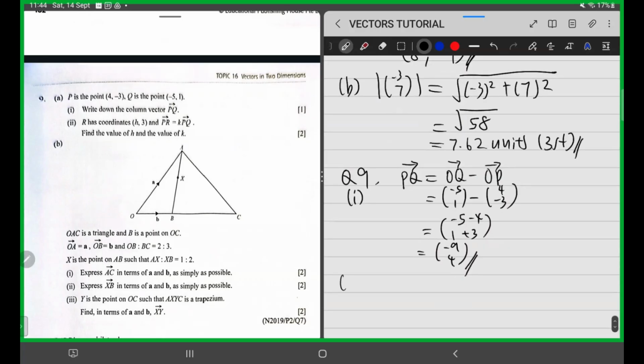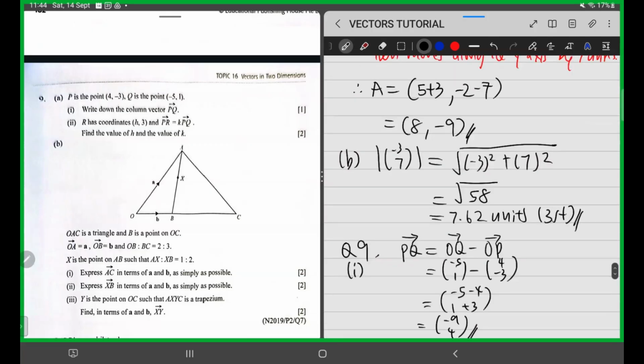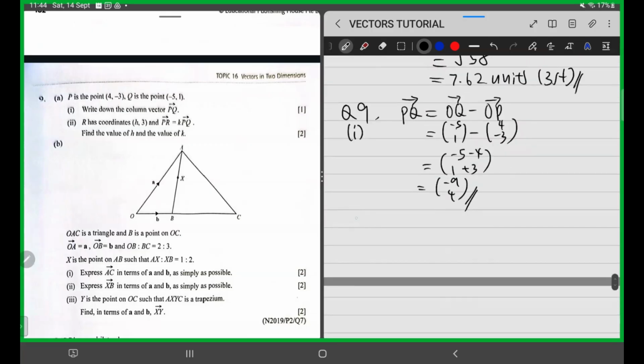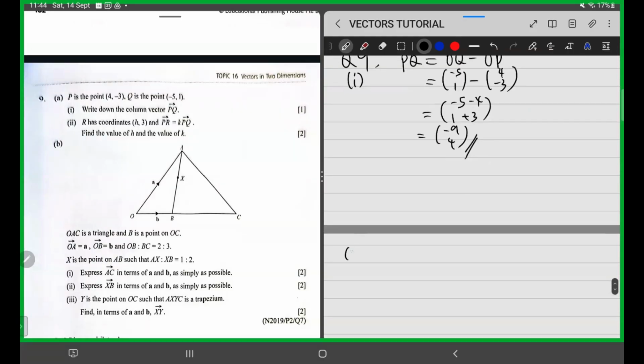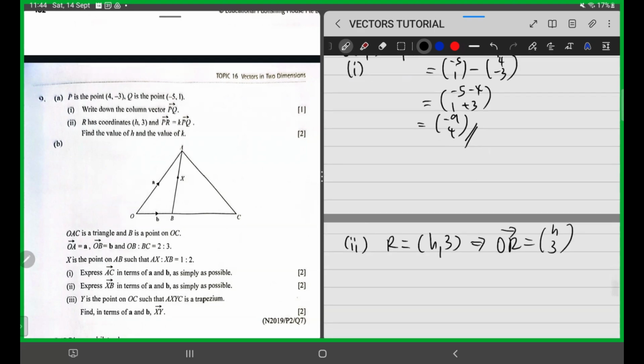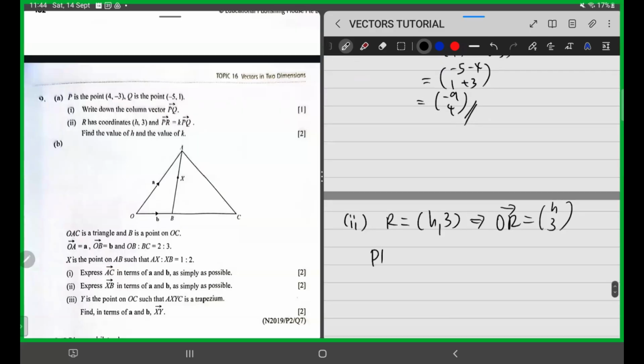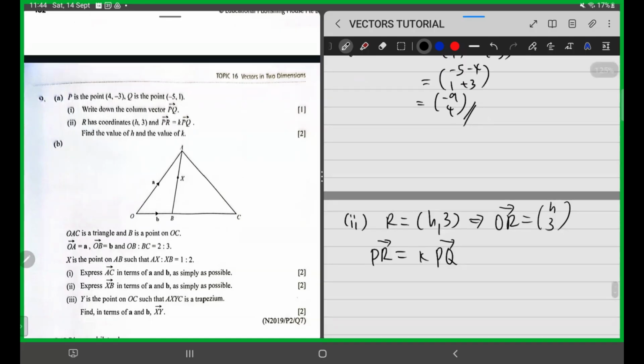Okay, then part ii, they say R has coordinates (h, 3). Let me bring it here. R is (h, 3). Therefore, OR, your position vector of R, is (h, 3), where PR equals k times PQ, right?